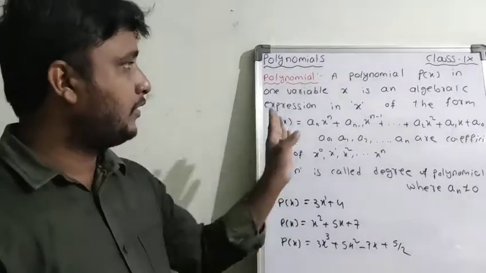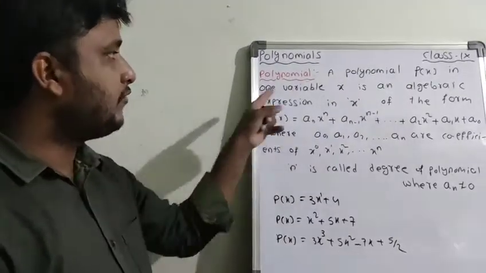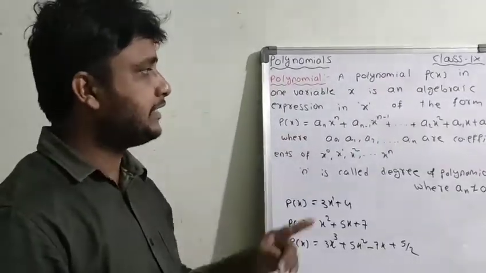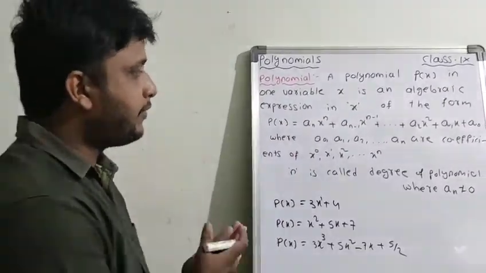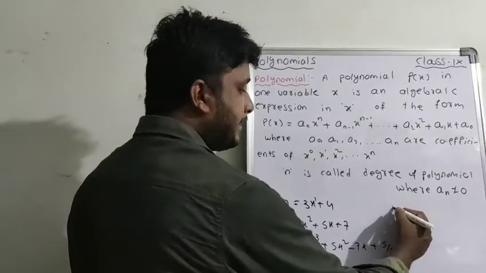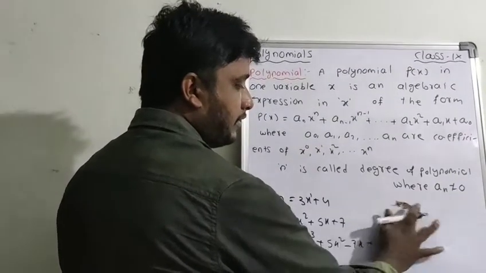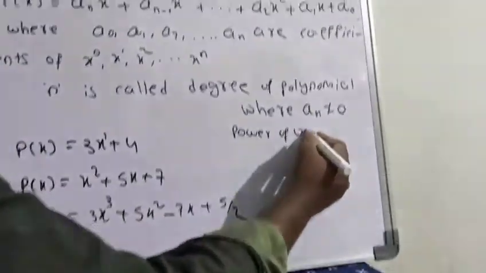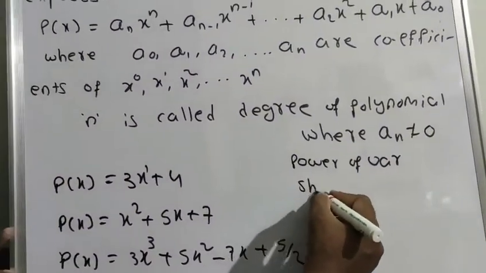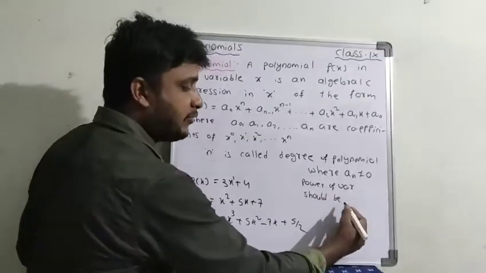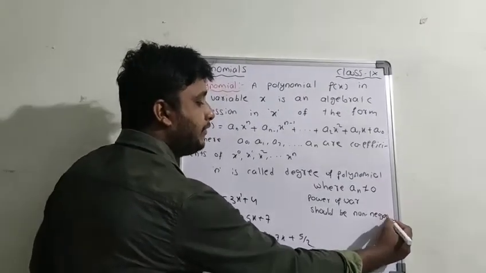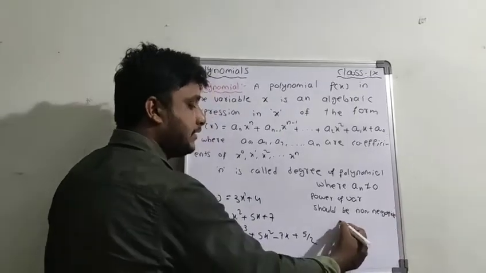Definition of polynomial: simply, a polynomial p of x in one variable, only one variable x, is an algebraic expression in x. But the important point here is the degree, otherwise the power of the variable should be a non-negative integer.